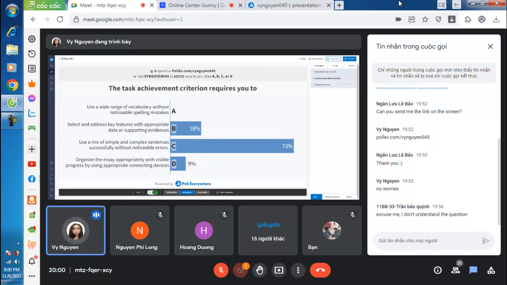So for task achievement, it means that you can answer the question from the task, right? If it says you need to compare, you need to select key features, and you should do that. So task achievement just means, can you select and address key features appropriately, right, with evidences. So for this one, it's going to be B, right?